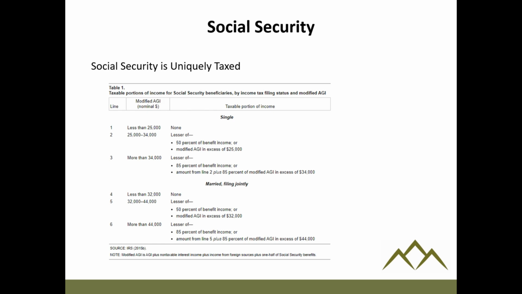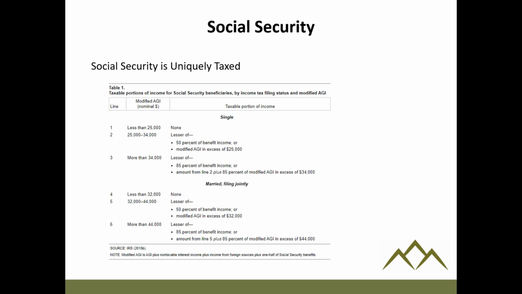If it's in that next range, 32 to 44, you're going to pay taxes on the lesser of either 50% of the benefits you get or the modified AGI in excess of the 32,000. And there are instances within that phase in range where either one of those could be the lesser figure.